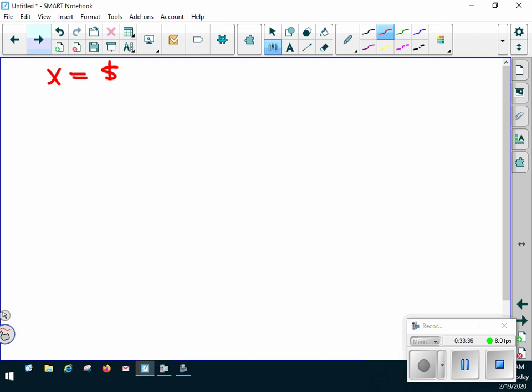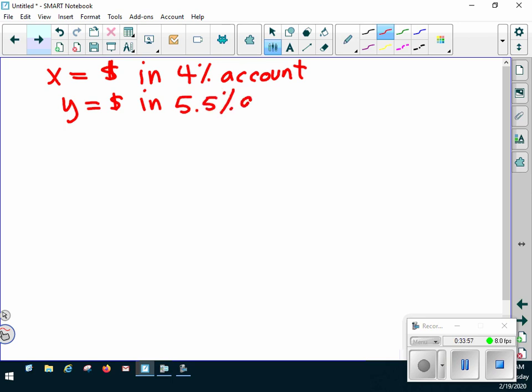The money. So we'll say x is the amount of money in the 4% account. We're going to let y equal the amount of money in the 5.5% account. And we'll let z equal the amount of money in the 6% account.